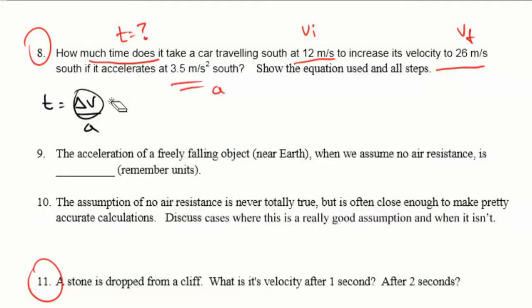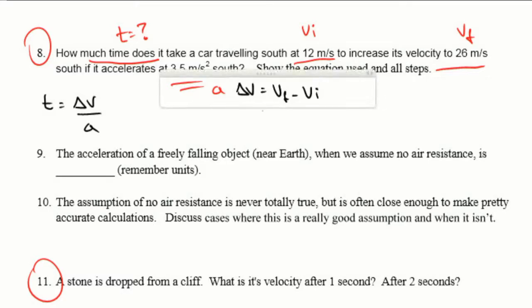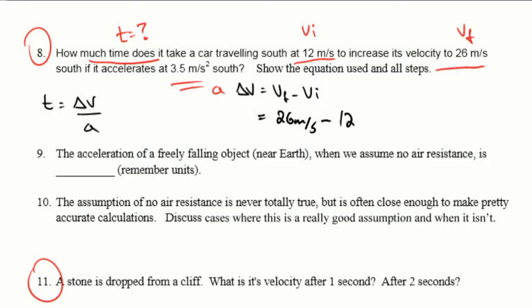So a change is always going to be the final minus the initial. And in this case, my final is 26, and my initial is 12. So 26 minus 12, it's going to be 14.